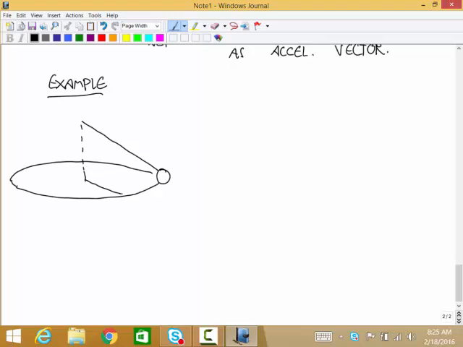The radius of this circular path is 10 centimeters. The mass is 50 grams. The ball is on a string traveling in uniform circular motion.